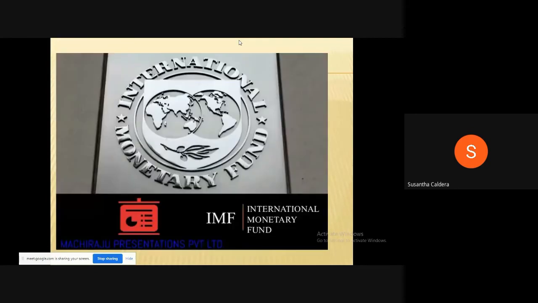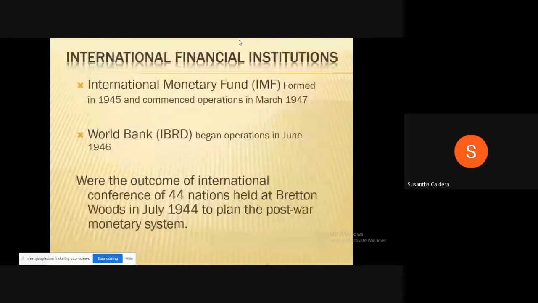And that is how this IMF was introduced, International Monetary Fund, right? The International Monetary Fund was formed in 1945 and commenced operation in March 1947.